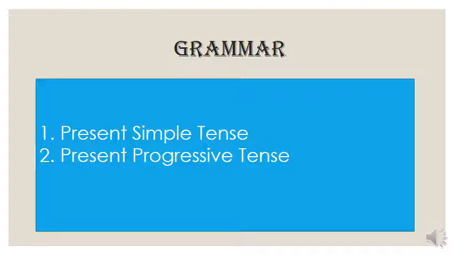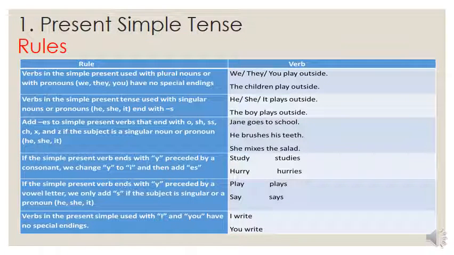Now we move to grammar. In grammar, we have covered two lessons, which are the present simple tense and the present progressive tense. Let's revise together the rules of the present simple tense.